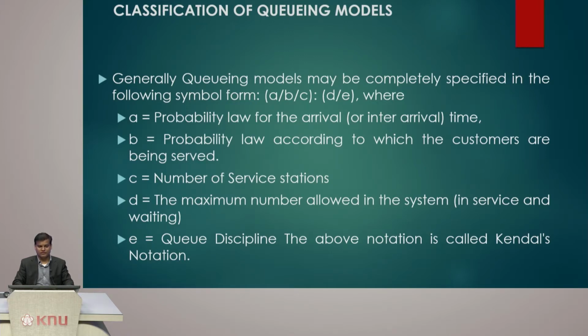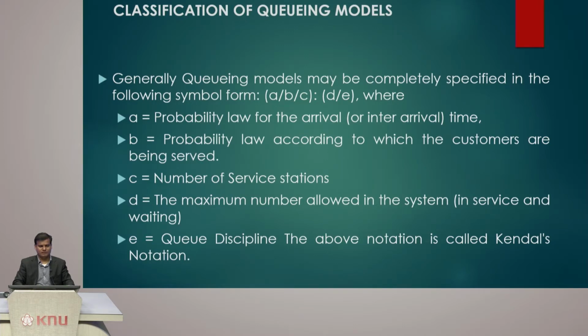C is the number of service stations. D is the maximum number of customers allowed in the system, including both those in service and those waiting. E is the queue discipline that it follows.